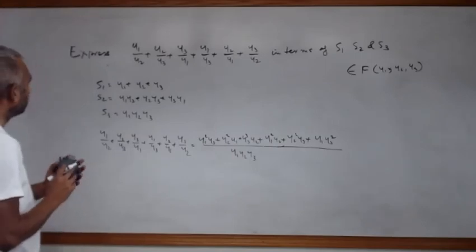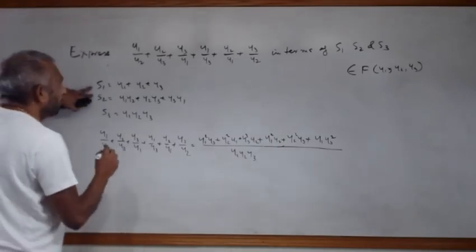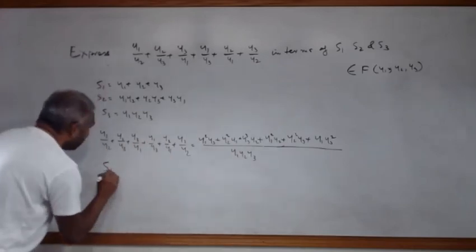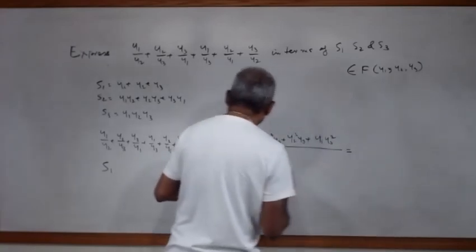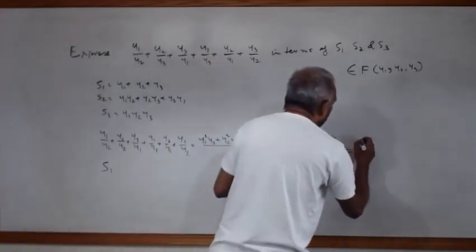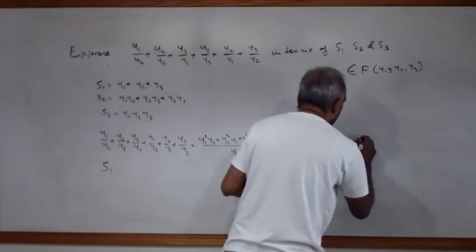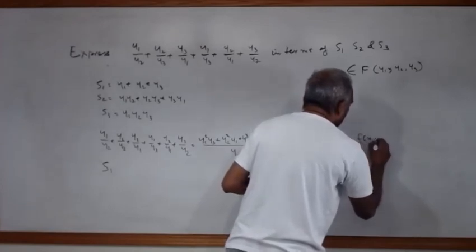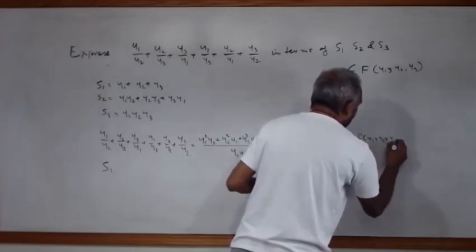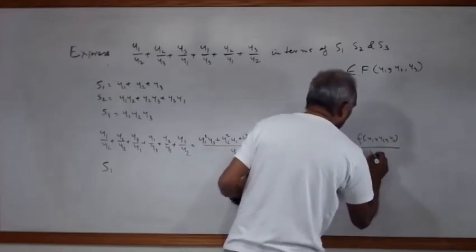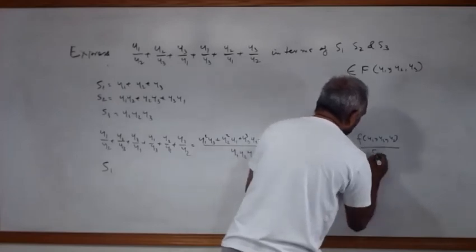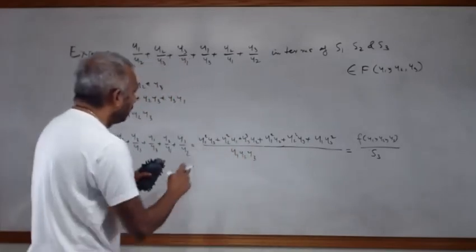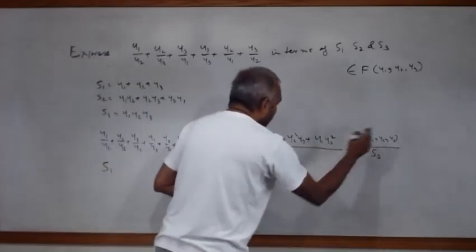So what we will do is, we will multiply S1 and S2. So let us say this expression is actually equal to the numerator over y1 y2 y3, that is, over S3. We are taking this one as y1 y2 y3.